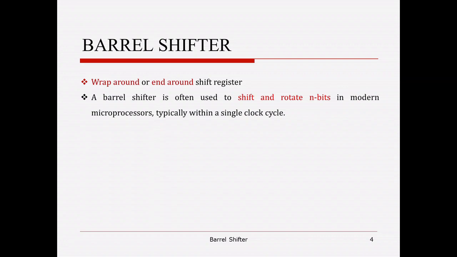Whereas a barrel shift register is capable of performing a wrap-around or end-around shift operation. What does the term wrap around or end around tell us? If a shift register is capable of performing the shift operation as a left rotate or right rotate, then it is called a wrap-around shift register. So a barrel shift register is capable of performing wrap-around or end-around shifting operations.